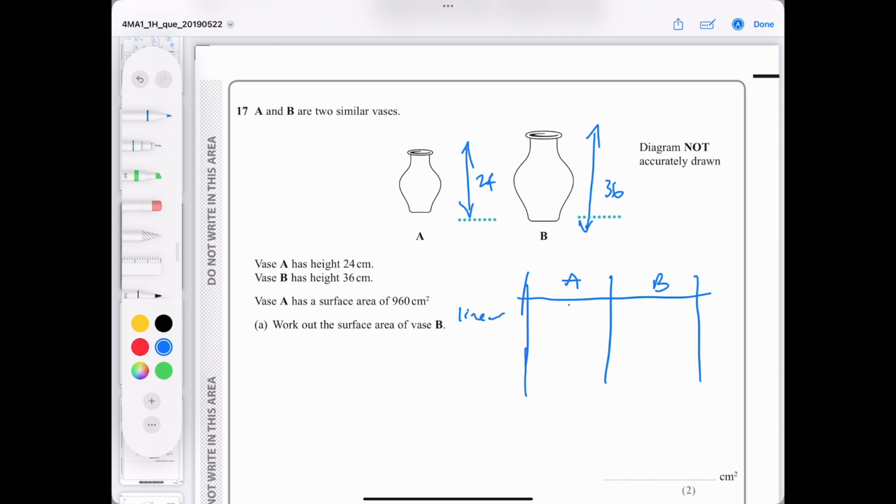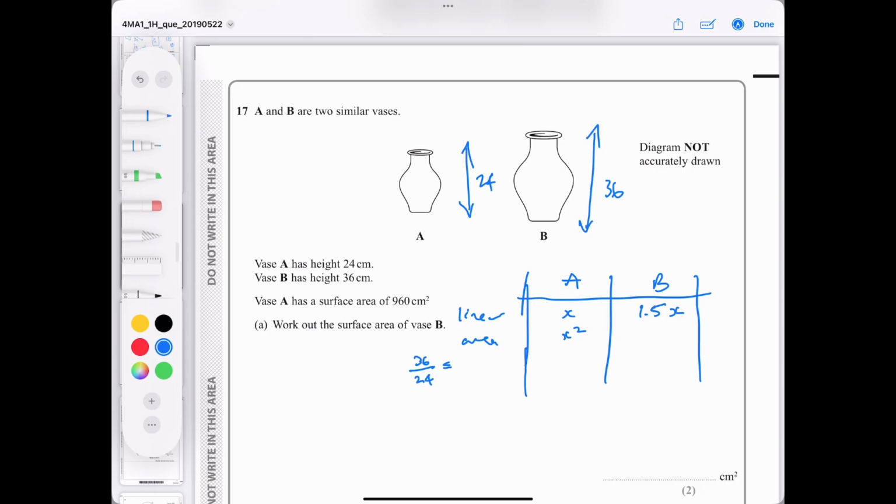So that would mean that was 36 over 24. So say that was x, that would be 36 over 24, which equals 1.5. So B is 1.5x. So if we then went on the quadratic, so if we then went squared or area, that would be x squared, and then that would be 1.5x.